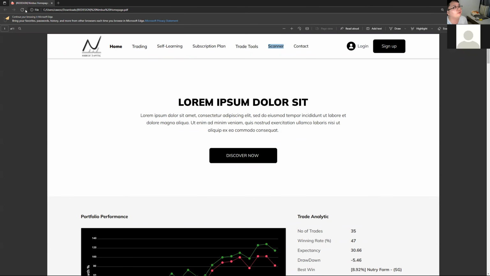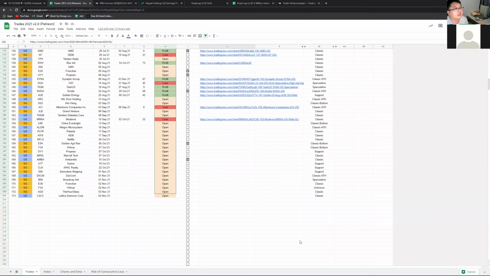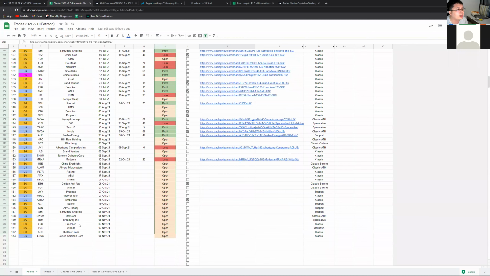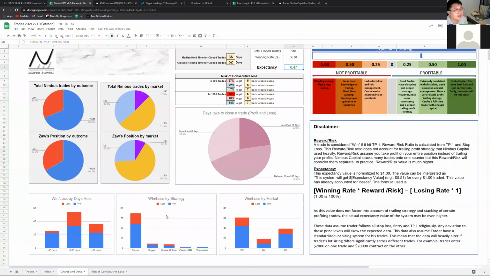For example, if you follow our latest trade setup, Franken, and you add this trade into your portfolio, the portfolio will tell you that you are entering Franken using the Nimbus Capital classic trade setup, and that the classic setup actually has a 60% or 70% winning rate. All the data will come out.